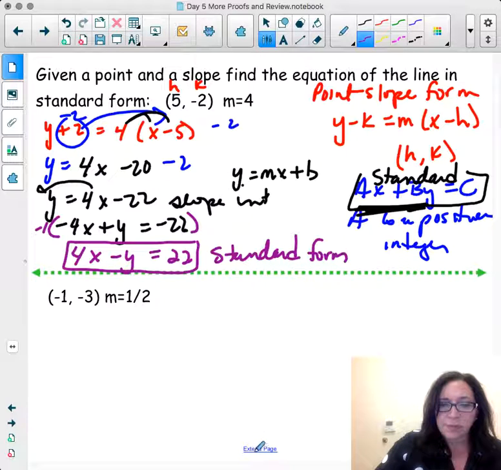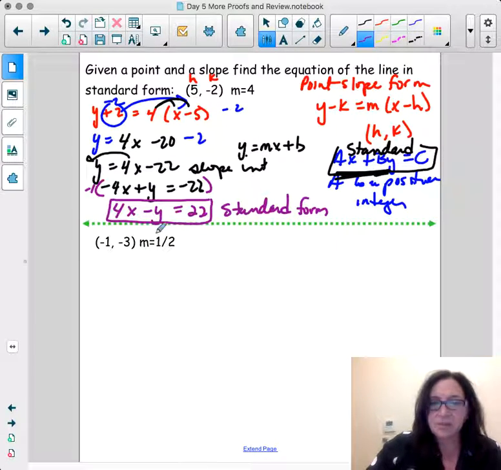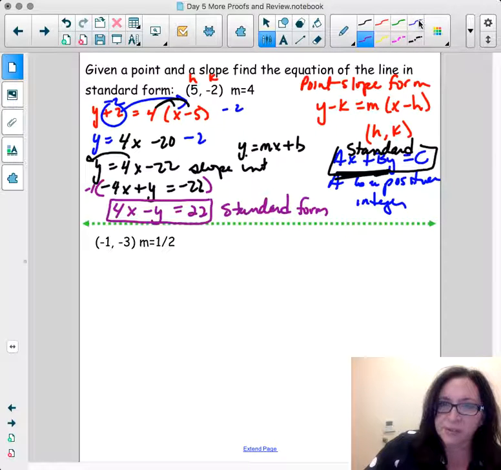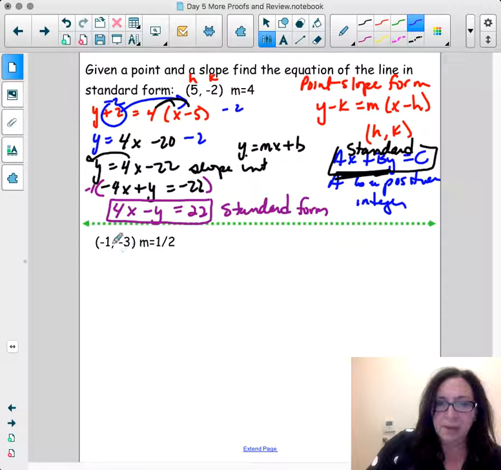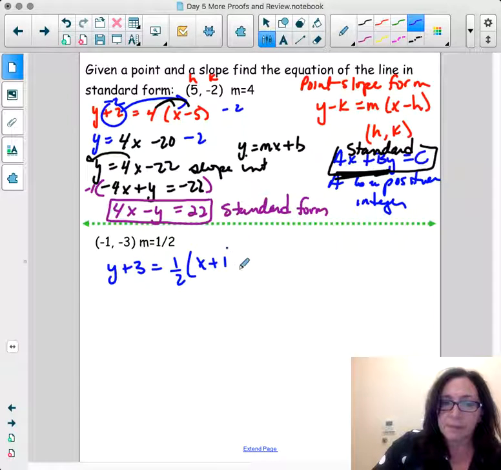All right. So the next thing we want to do is this, but now I'm going to give you a fraction, okay? So I still want to put it in standard form, but I still have point-slope. So we're going to go, let's see here, y plus 3 is equal to 1/2 times x plus 1, okay?